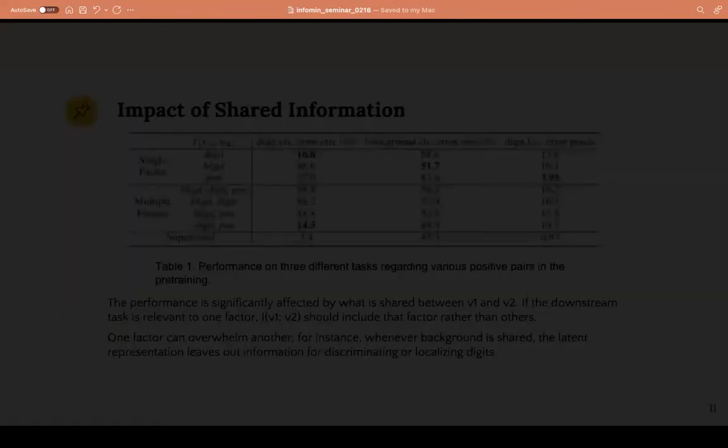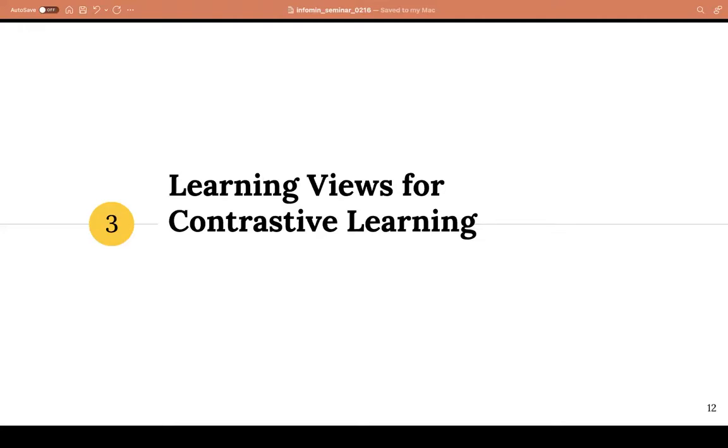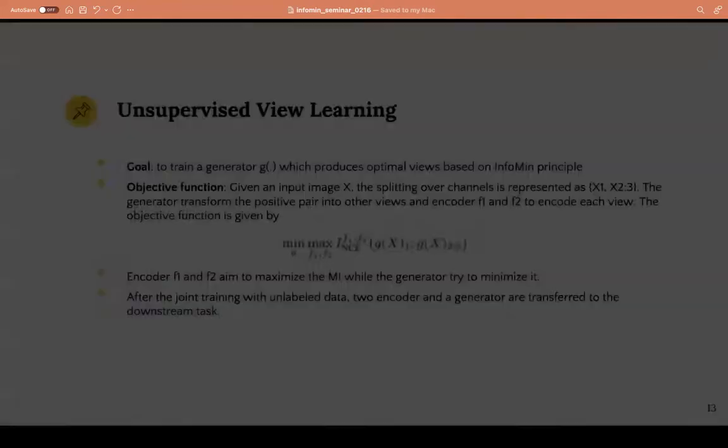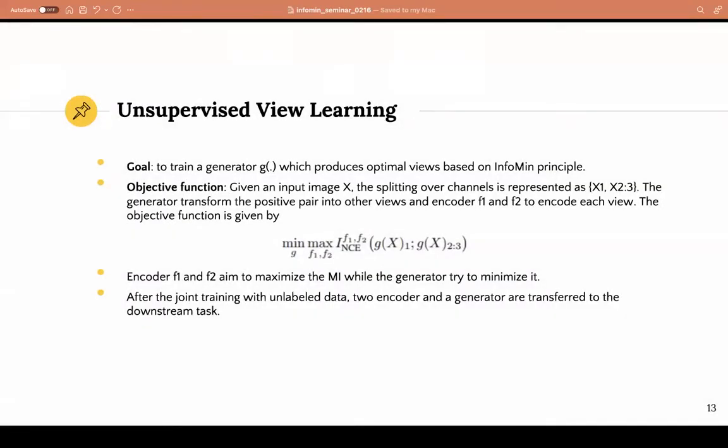And the third part, I will show you how to learn views for the contrastive learning. The first is unsupervised view learning. The goal here is to train a generator. They introduce a generator which produce optimal views based on the information principle. They design an objective function.